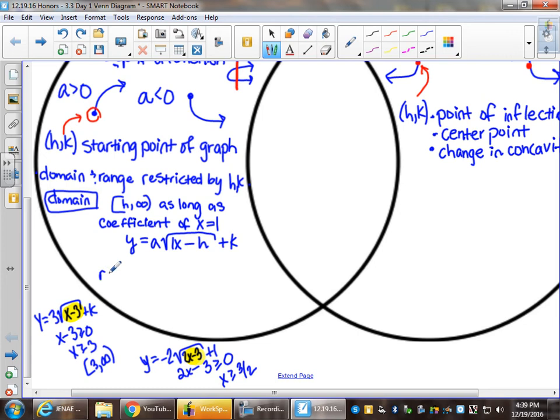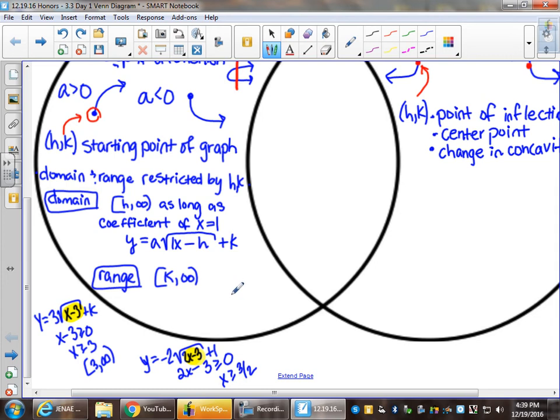The range will be k comma infinity, and if we visualize that here, this would be a shift up 1, and then it would keep going on forever and ever.